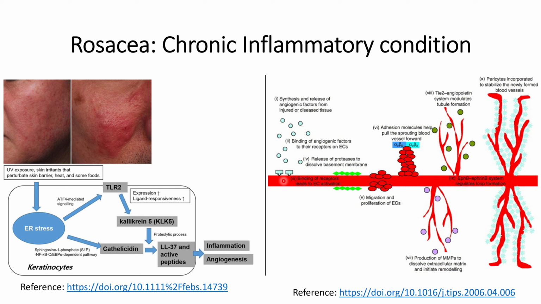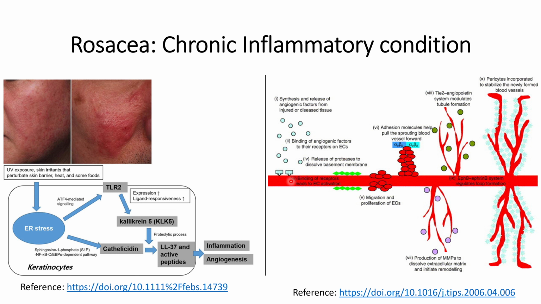What happens in this case is that with the release of an angiogenic factor, in this case the active peptide LL37, near the injured or diseased tissue, it will bind to the receptors that will ultimately bind to the endothelial cells, as shown here.